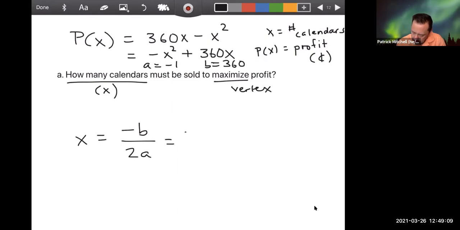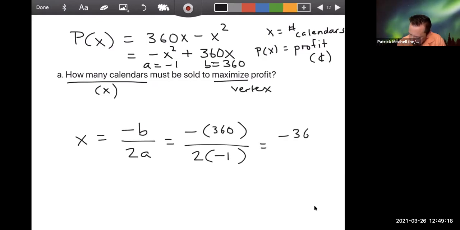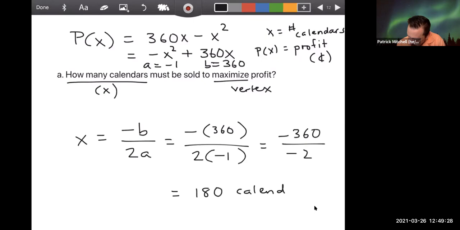All right, so we have -360 over -2, which is 180. In order to maximize profit, they need to sell 180 calendars.